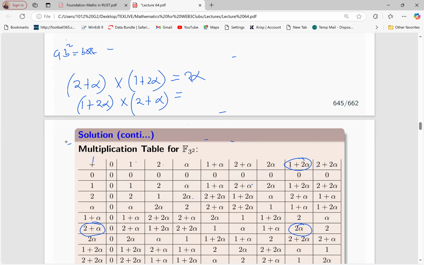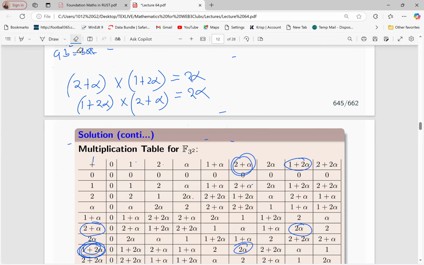And also 1 plus 2 alpha multiplied by 2 plus alpha gave us 2 alpha. Commutativity is working. You try any of these elements and you find that they're commutative.